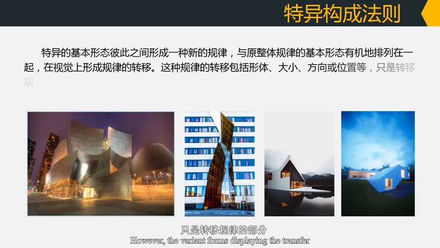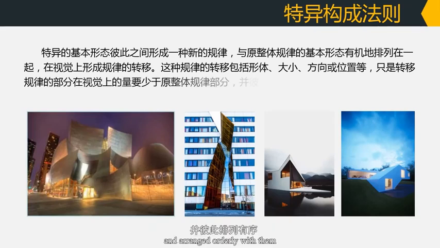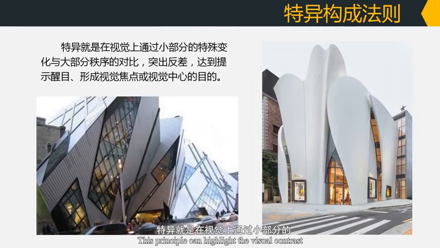However, the variant forms displaying the transfer should be smaller than the original forms in size and arranged orderly with them. This principle can highlight the visual contrast through the comparison between the small variant part and the original major part, helping the whole design to be more eye-catching and be a visual focus.